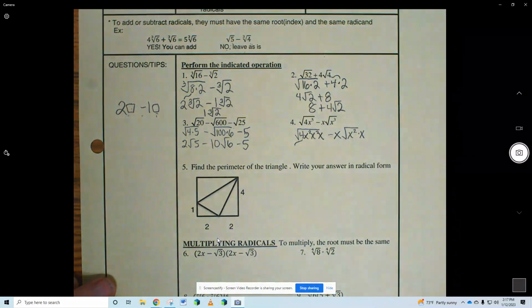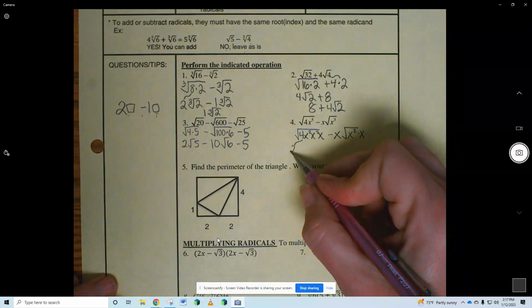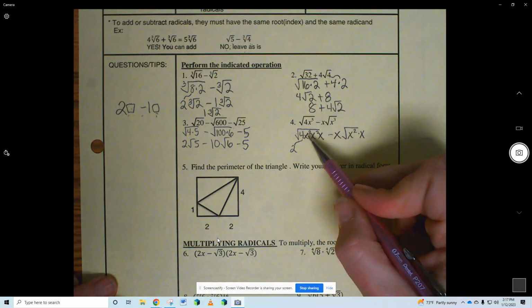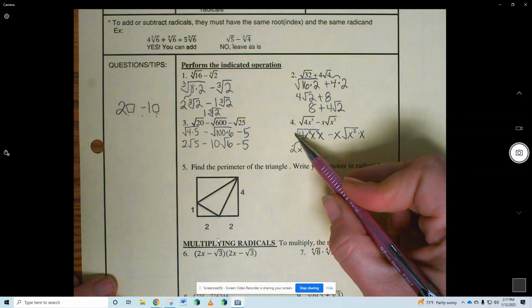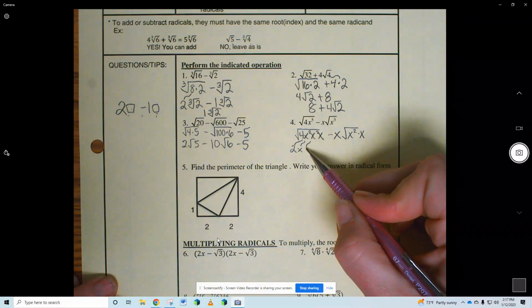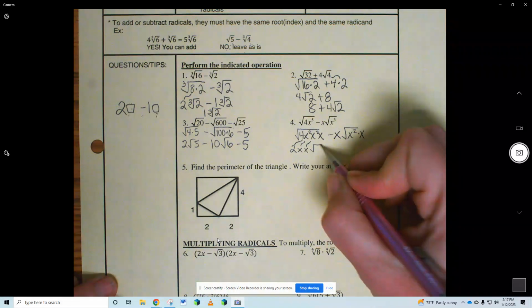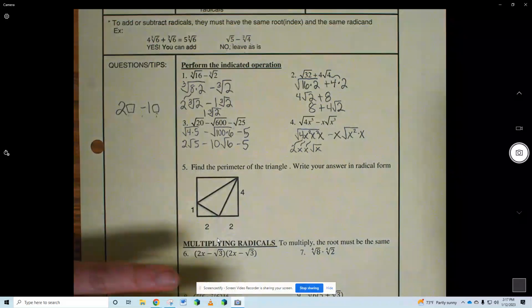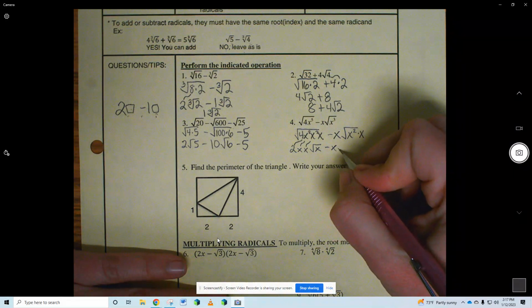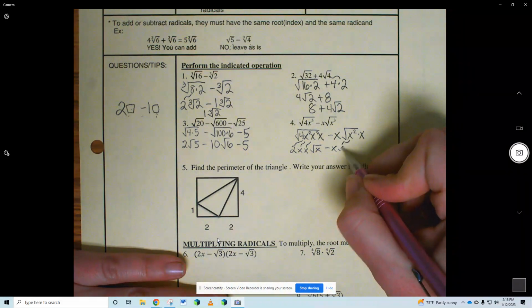Okay. Square root of 4 is 2. Square root of x squared comes out as just an x. Square root of this x squared comes out as just an x. Rad x. Then minus x. Oh, x squared comes out as an x.